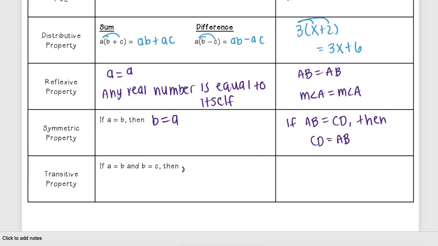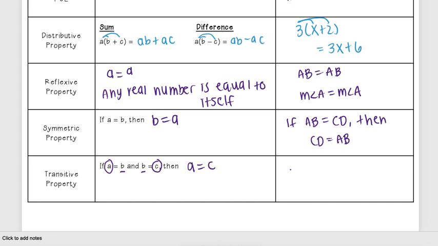And then transitive property, that one tells me if A is equal to B and B is equal to C, then I can say that A is equal to C. So if you notice here, I go kind of along here and they share that B. So if A equals B, and then it starts with B on the next one, B is equal to C, then I can conclude that that first and last are equal to each other.